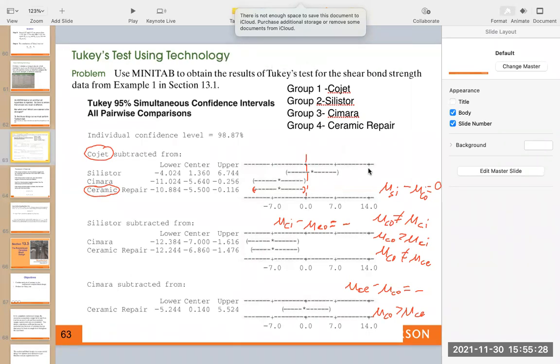They call this pairwise comparisons, when you take every single pair of, in this case, different materials used for dental repair: Courgette, Silister, Siramar, and ceramic repair. And you pair each of them and then compare the differences like this. They call it pairwise comparisons. So let's look at the next data.